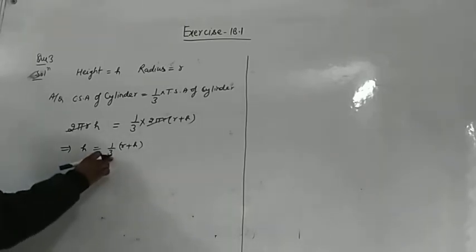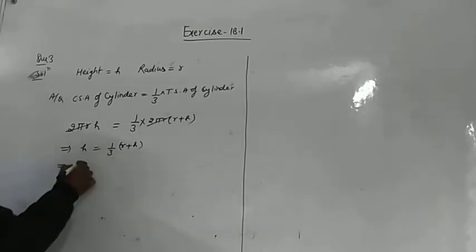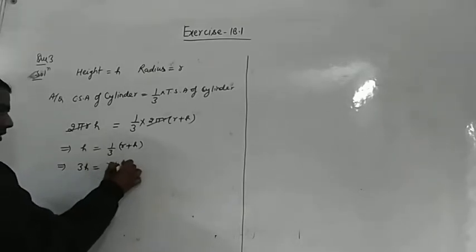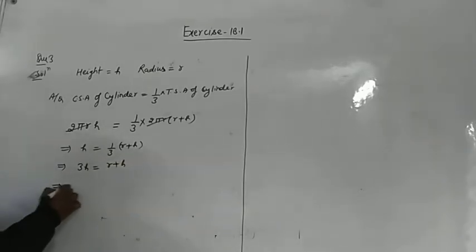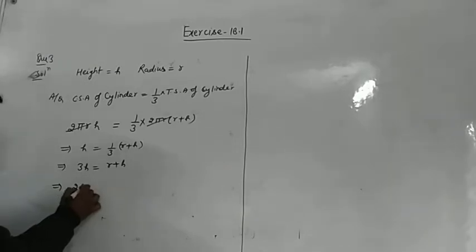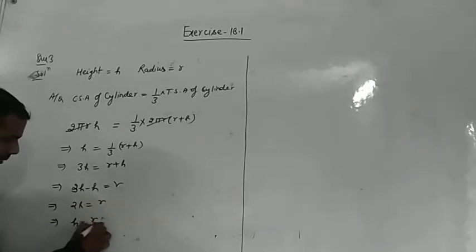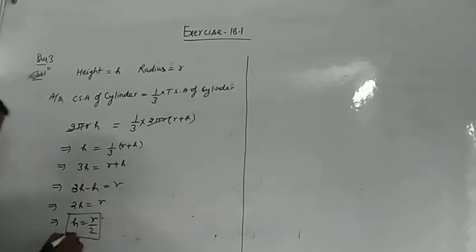Now cross multiply, 3h is equal to r plus h. Now transfer h, 3h minus h equal to r, 2h equal to r. Now h equal to r by 2. Hence height is half of the radius.